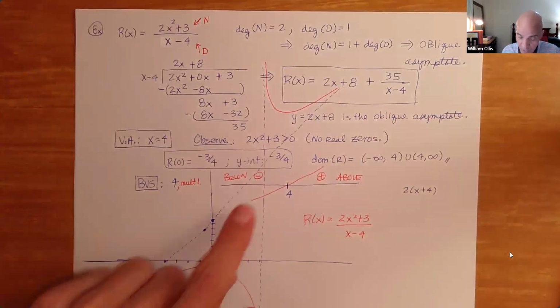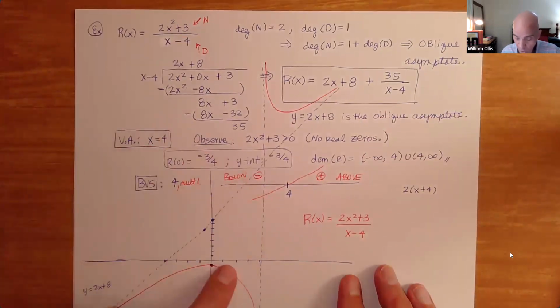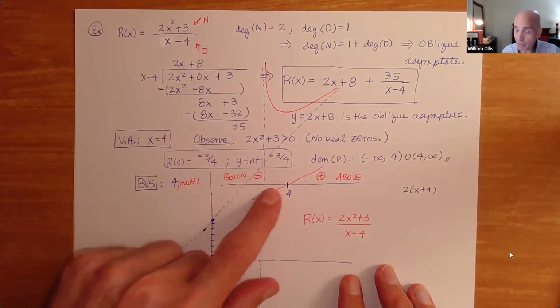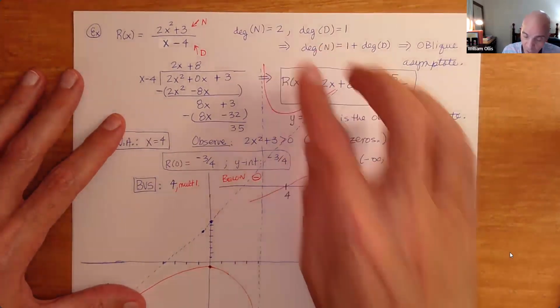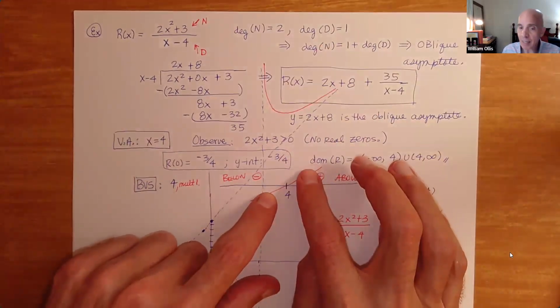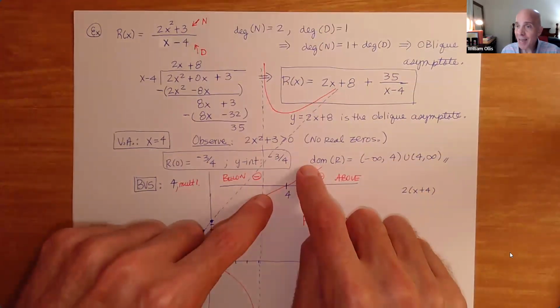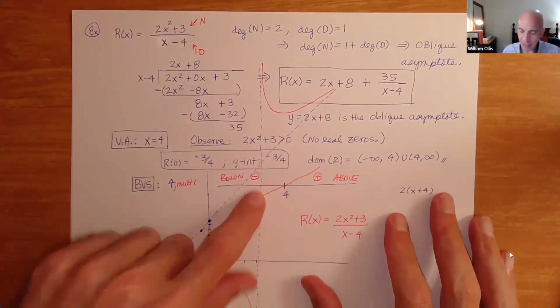And then, of course, with the sign convention, we have our vertical asymptote x equals 4. We approach negative infinity when we're to the left of 4. And when we're approaching to the right of 4, we approach positive infinity. Again, the unboundedness is also a function of the sign of the function, the pluses and minuses. So that's how we affix the plus or minus to infinity using the sign convention.